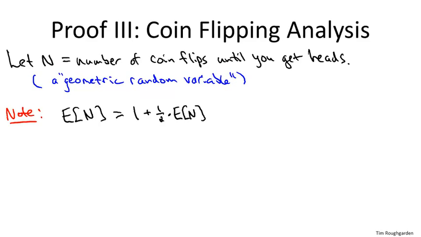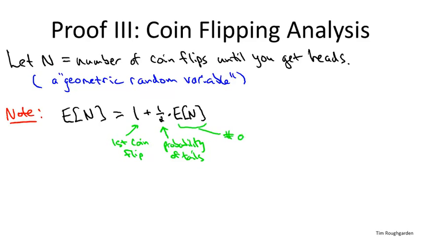So this 1 represents the first coin flip. The 1/2 is the probability that you can't stop, that you have to start all over, the probability of tails. And then, because it's a memoryless process, when you start anew on the second coin flip having gotten the tails, it's as if you're back at time 1 all over again.